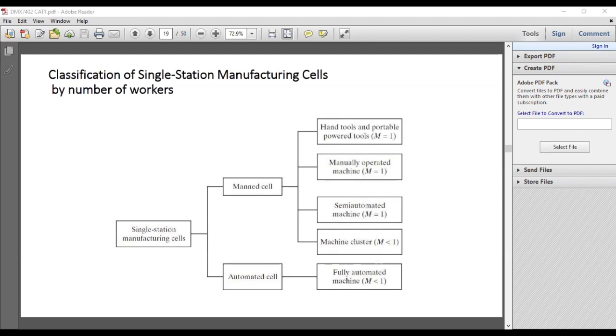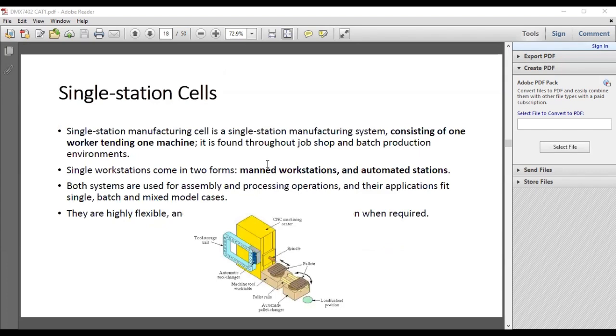And with fully automated machines, the manpower is less than 1. So just remember the classification of single station cells.